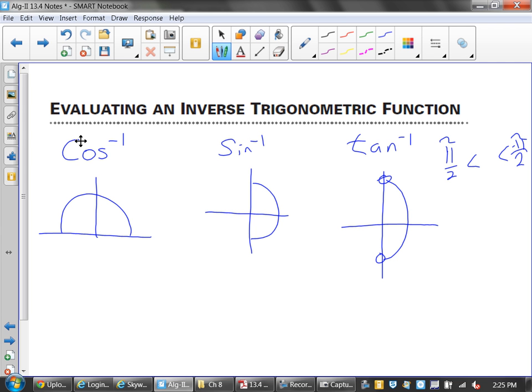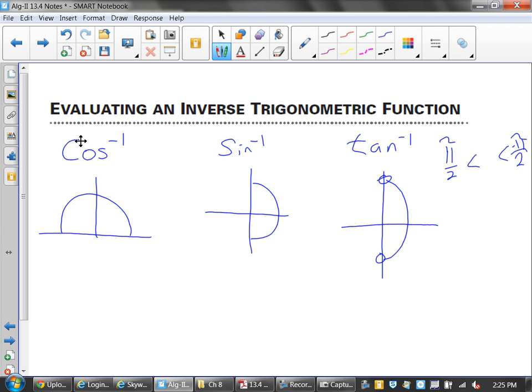Yes, sir? Why is it that? I'm looking for a continuous positive and negative change for each of those trig functions. Cosine starts positive in the first quadrant, it's continuous, and it goes to negative in the second. That's a continuous arc, if you will.